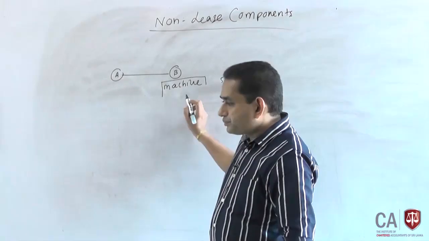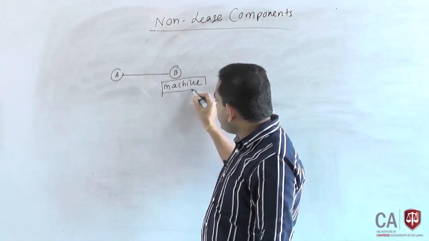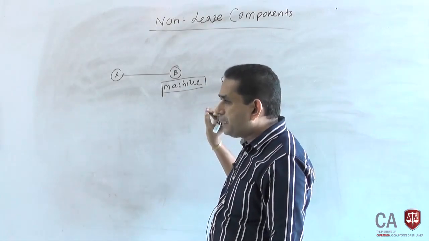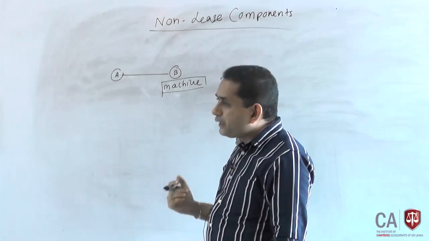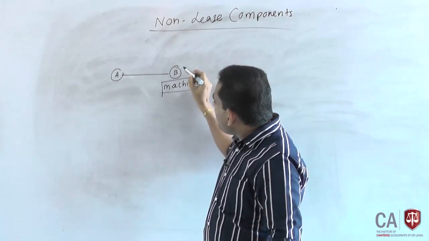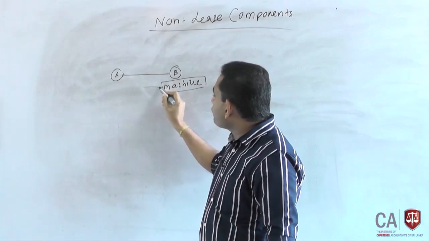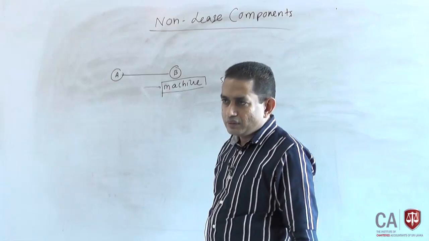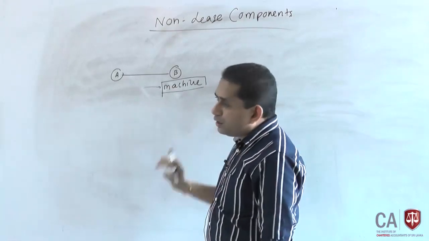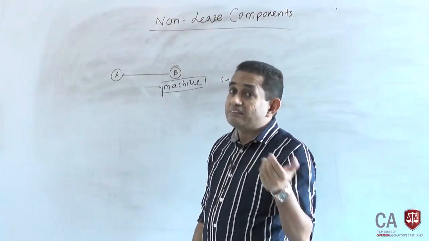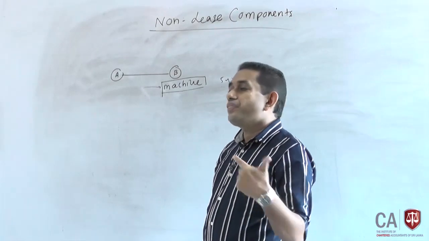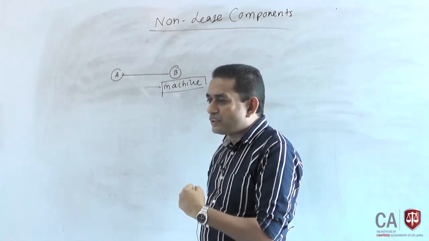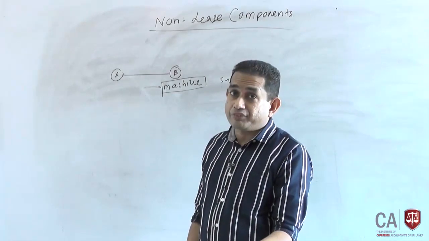So then, if you apply SLFRS 15, I don't ask you to apply SLFRS 15 here, but it's the same as applying SLFRS 15. The lessee can benefit only from the machine without receiving the maintenance services, and the lessee can benefit only from the maintenance services without the machine, because the lessee can take the machine from the lessor and take the services from someone else in the market, because we have a market for that.